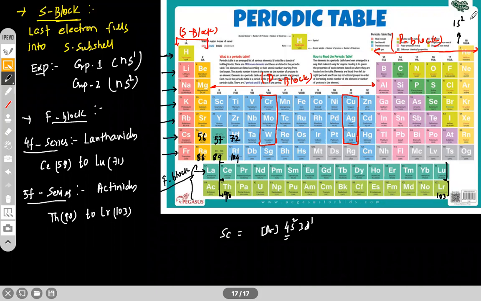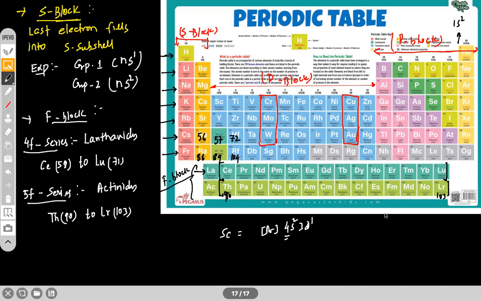But helium is placed here because it is an inert gas and its properties are very much similar to the properties of other noble gases, and hence it is placed over here. Right? So there are some modifications, but more or less the pattern is that only. Did you get it? Tell me guys, any doubt in this?